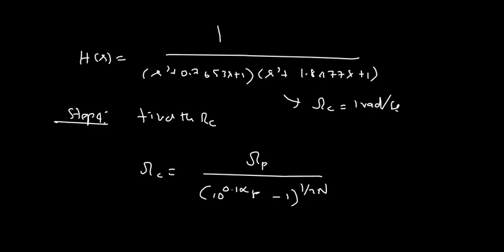If you substitute the values, omega p is already given in the question, it is 20 radians per second, and alpha p is 2, so (10 power 0.2 minus 1) whole power 1 by 8 because n is 4, so you find the value as 21.3868. Okay, this is how we find the real cutoff frequency.